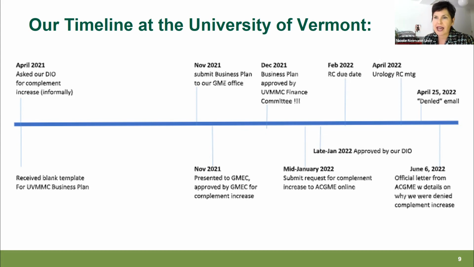You log into ADS and you submit your complement increase online to ACGME. And the first person it goes to is your DIO. And our DIO approved it right away. And then it moves forward to the urology RC committee.